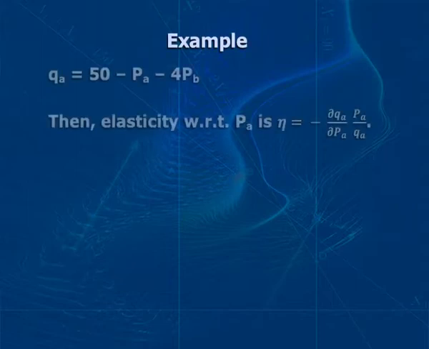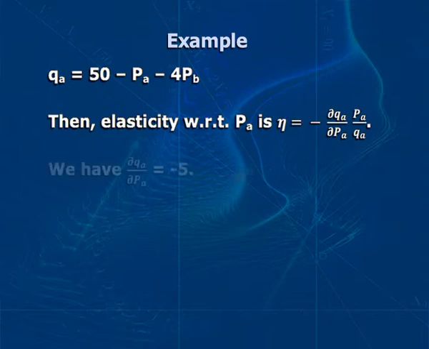Example, QA is equal to 50 minus 5 PA minus 4 PB. Then elasticity with respect to PA is eta is equal to minus del QA over del PA into PA upon QA. We have del QA over del PA is equal to minus 5.